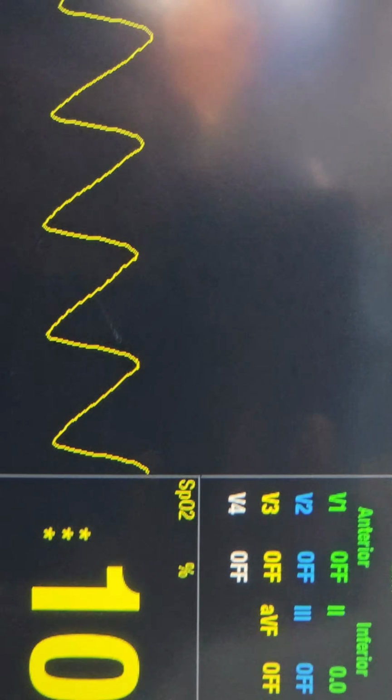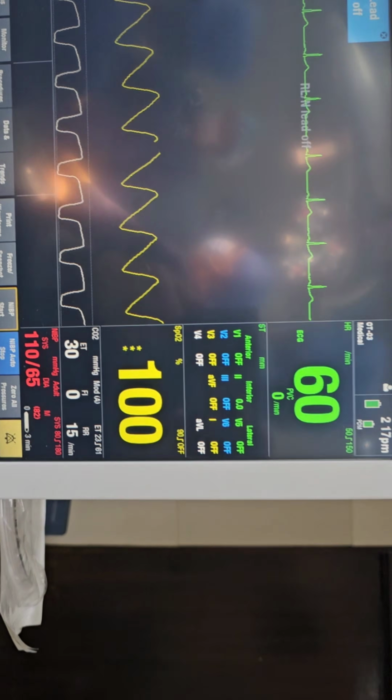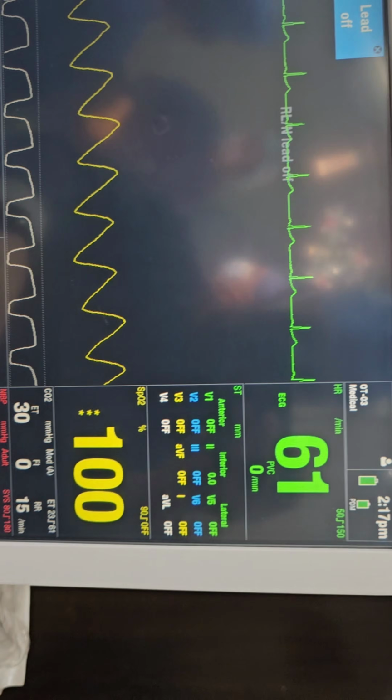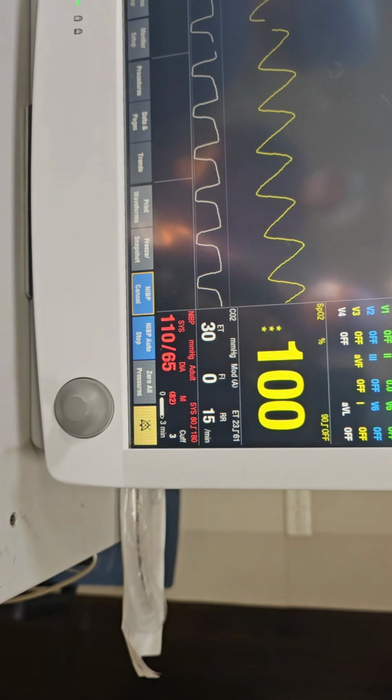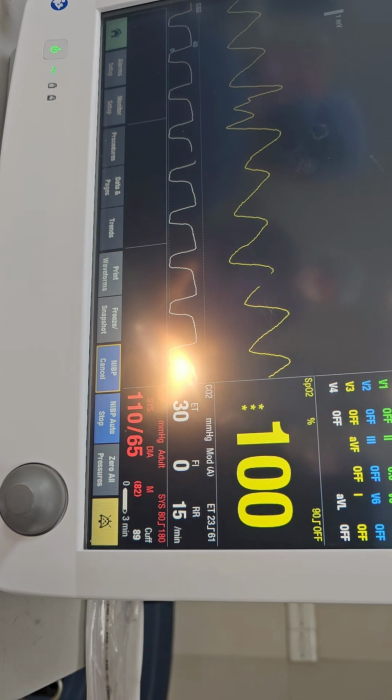So the number should not change a lot, but after having the pressure of 15 millimeters of mercury intra-abdominally, we can see there's some change in blood pressure and heart rate. We are seeing the heart rate reduced to 60 and blood pressure is 110 by 65.